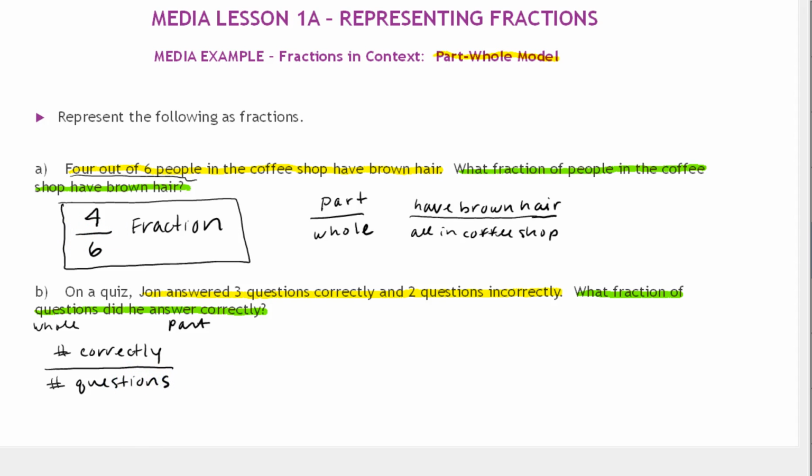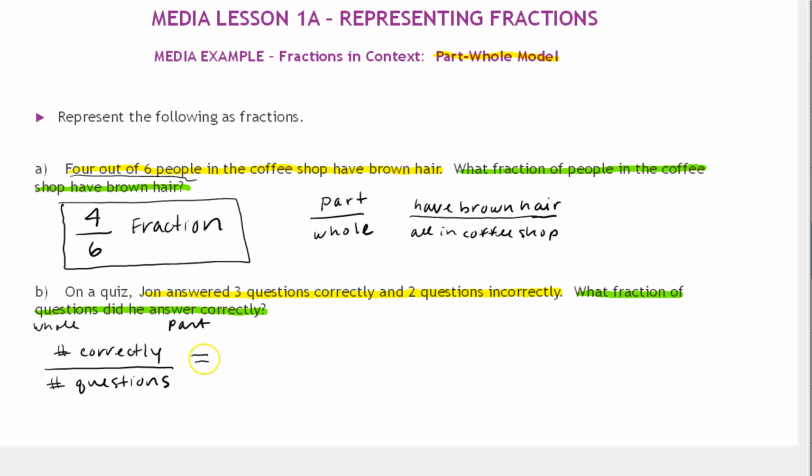Okay. So it may be tempting to look at this problem and see, oh, there are my numbers 3 and 2. I can make a fraction out of those, put one over the other, maybe 3 over 2 or 2 over 3. But you have to be careful because it's specifying by this statement what fraction of questions. Okay, that the of questions is telling us that we're talking about all of the questions. So that would include both correct questions and incorrect questions.